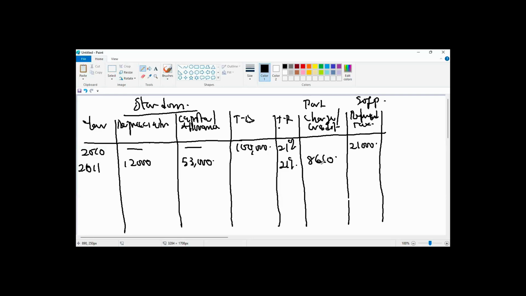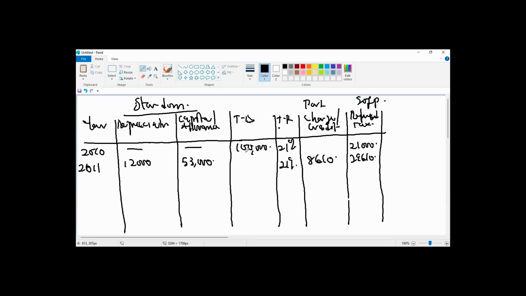What will now be there at the end? Opening is 21,000, plus 8,610, gives 29,610. Or look at it this way: 53,000 minus 12,000 is 41,000.